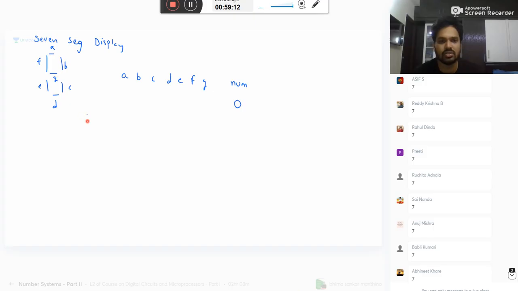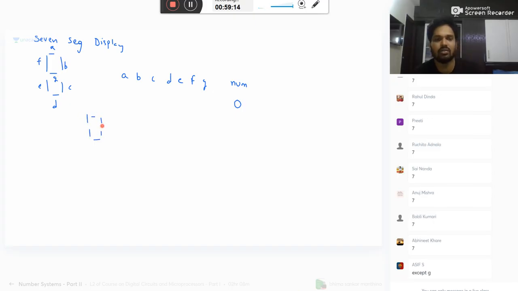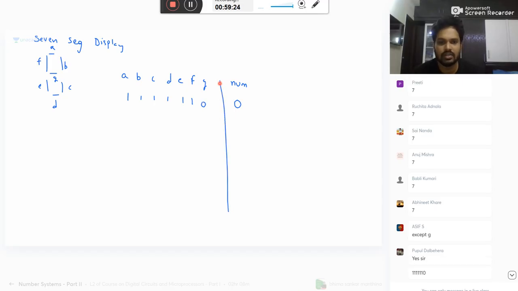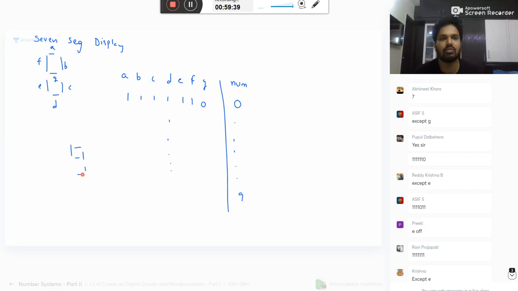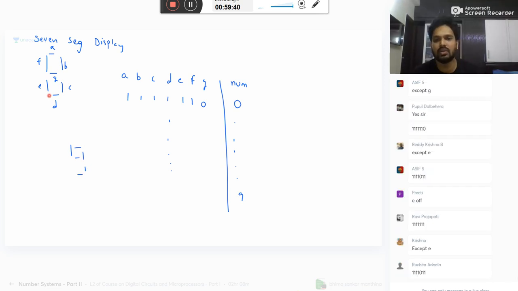Yes or no? 0 is represented like this. What is the code here? All should be 1 except this one. Similarly, you want to represent 9. How to represent 9 here? 9 is all LEDs except E. Except E. Right.